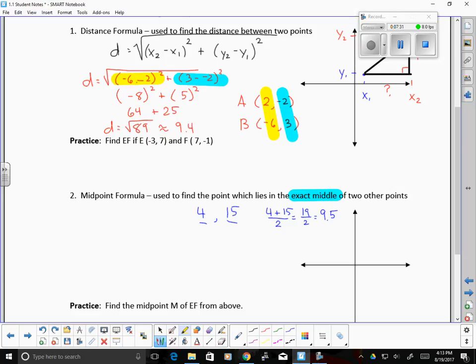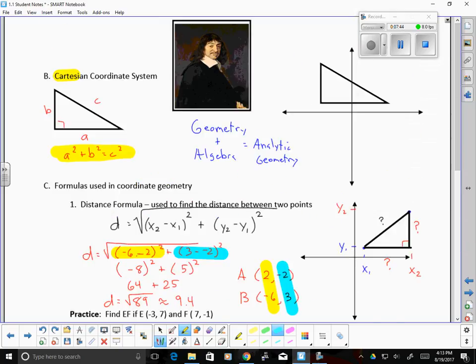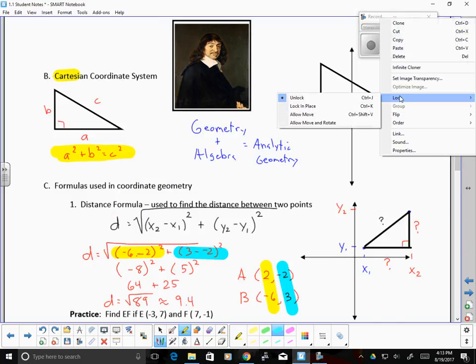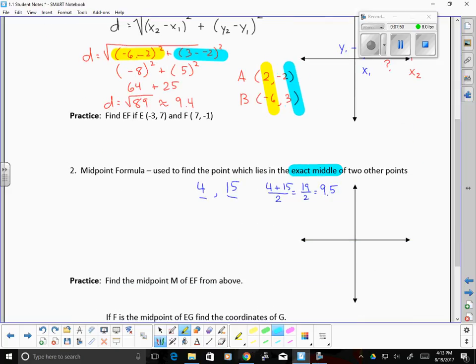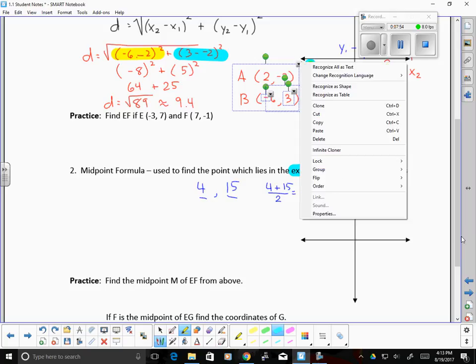And that's exactly what we do if we want to find the middle point of 2 points where I have the x coordinates and the y coordinates. So what I'm going to do, let's take the same 2 points from up above. Let's make sure this doesn't move on us. So I'm going to take these 2 points that we used above here and move that down.